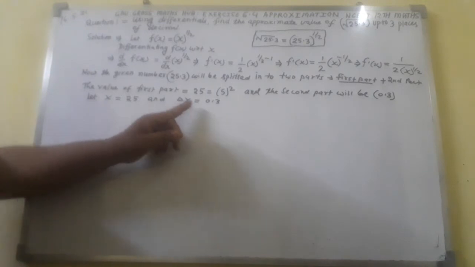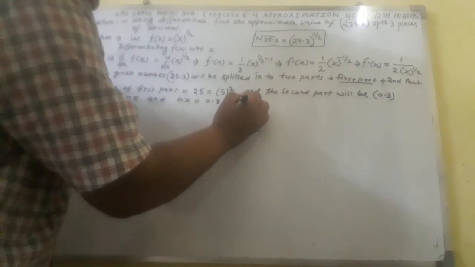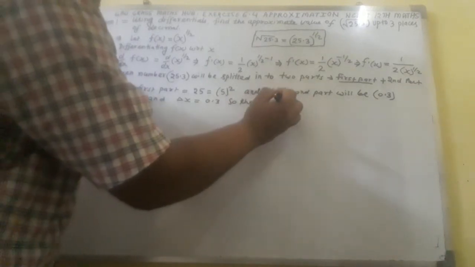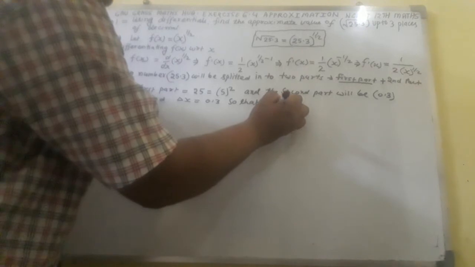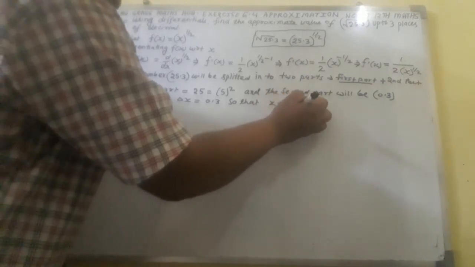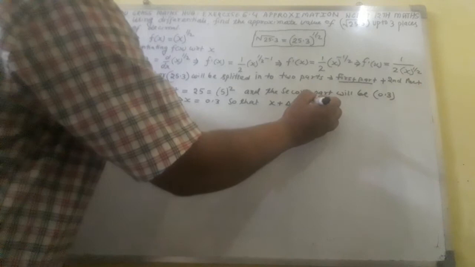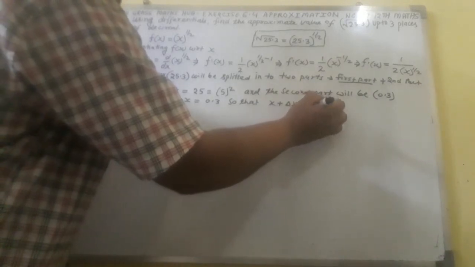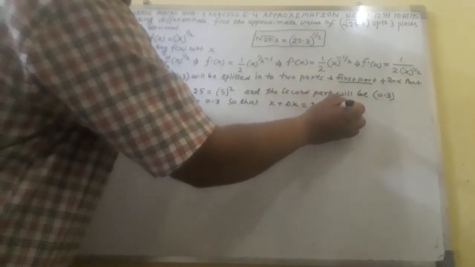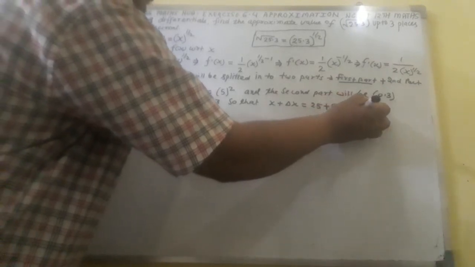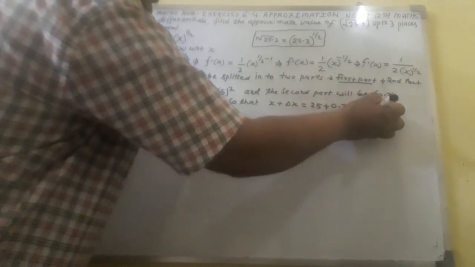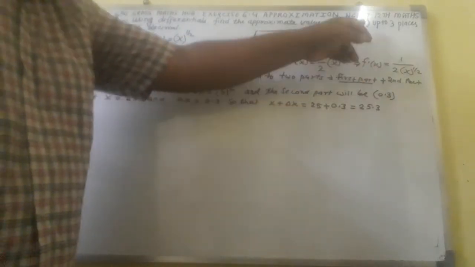Second part delta x equal to 0.3, so that x plus delta x comes out to be 25 plus 0.3 equal to 25.3. The same value you have got at this place. Now write the formula here.